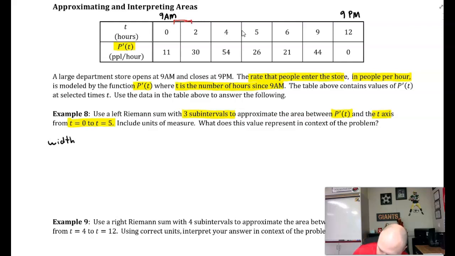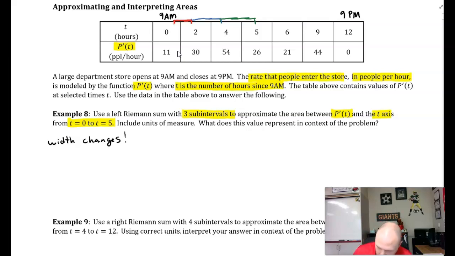Here's my first one. Okay, and then I'm going to go from 2 to 4. And then I'm going to say 4 to 5. So notice it matches how many rectangles there are. That matches how many subintervals they want. Okay, so our width changes in these examples.